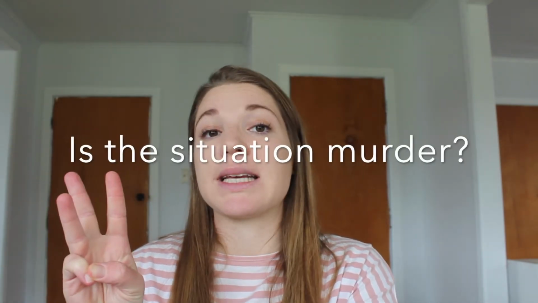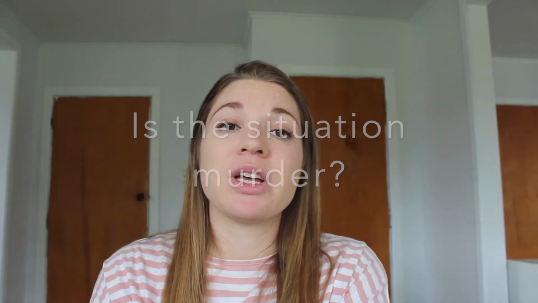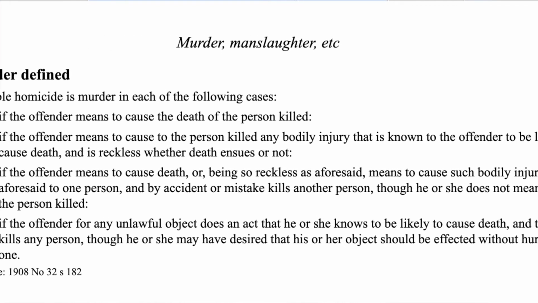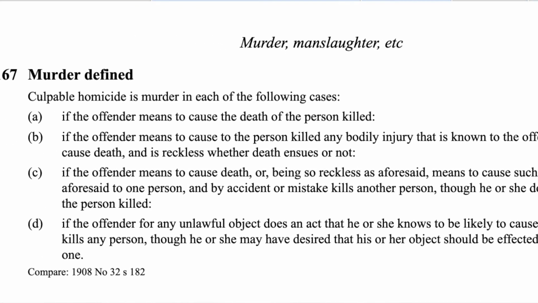Then you move to step 3, which is, is the situation murder? So to decide whether it is murder or not, you need to look at sections 167 and 168 of the Crimes Act. So these sections define murder. And if you go through the sections carefully, you'll see there are quite a few different actus reus and mens rea elements that can make up murder.